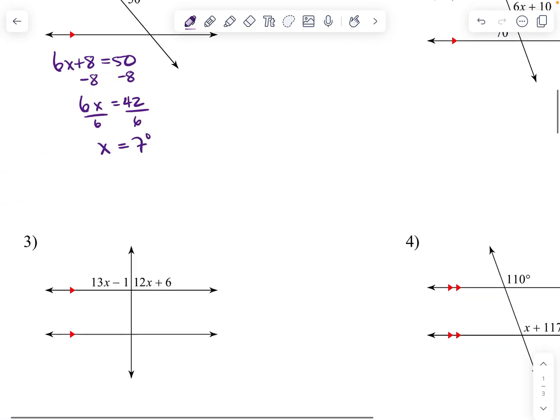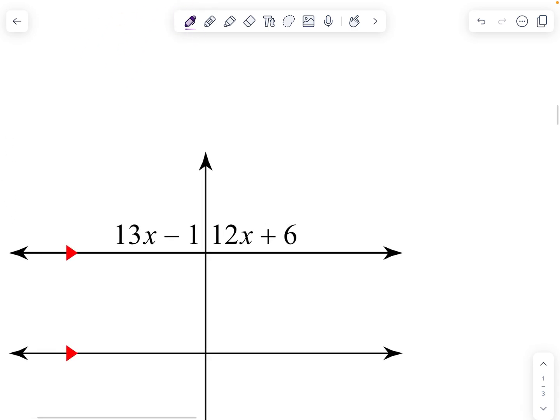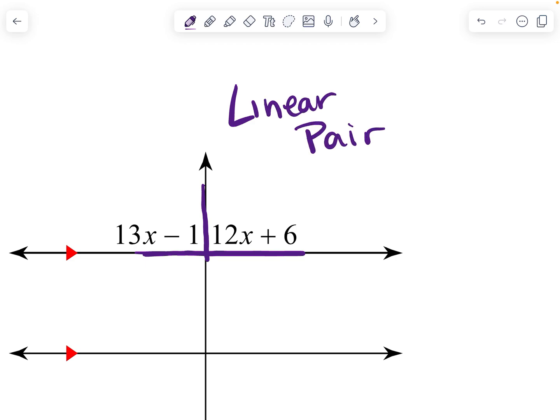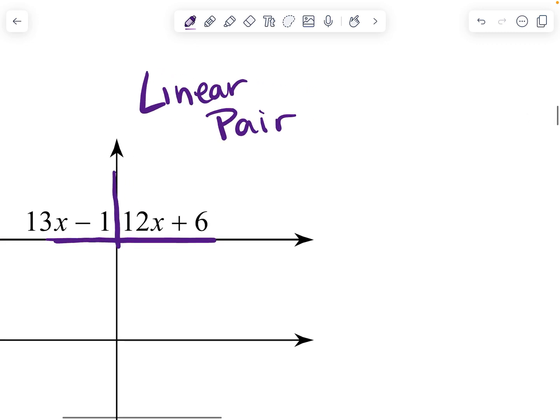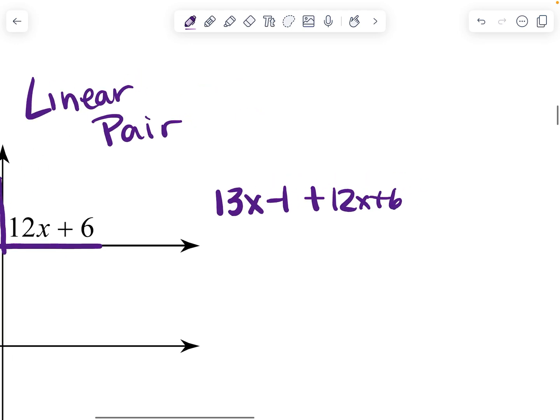Over here, they happen to be sitting next to each other. They're adjacent to each other. They make a line, so this is a linear pair. And all linear pairs are supplementary. So that means I'm going to take 13x minus 1 plus 12x plus 6, and I'm going to set that equal to 180.